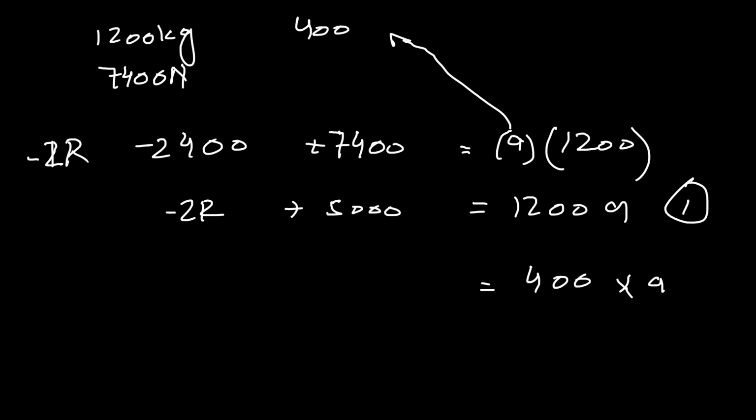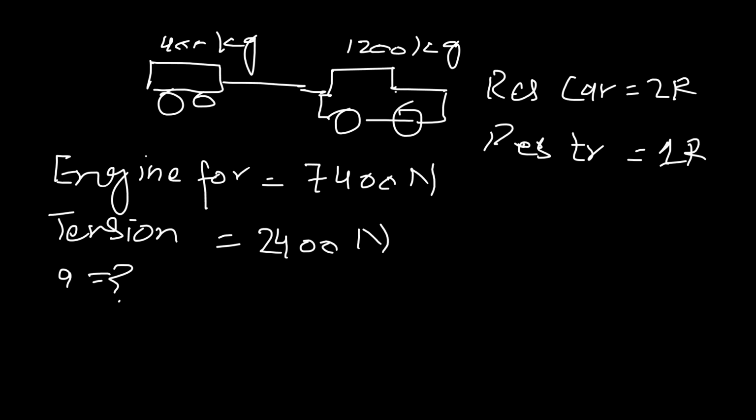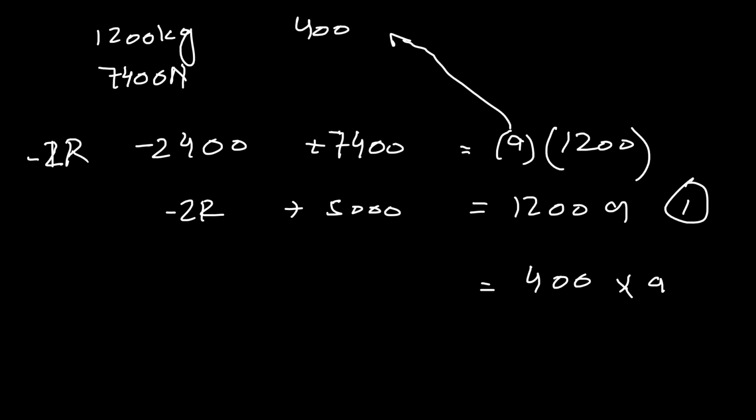When we were discussing the tension in reference to the car, it was a negative force, but in reference to the trailer, because it is a pulling force, it is a force that is causing the trailer to move, not causing it to slow down. So it will be positive when it comes to the trailer. The tension of the tow rope has a value of 2400 newtons, so it will be a positive 2400.